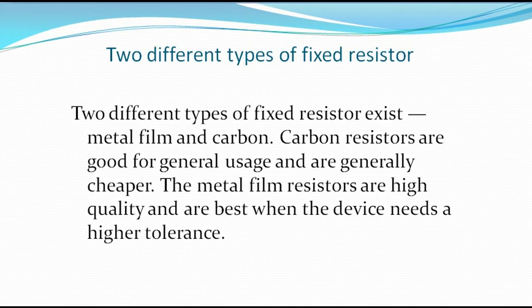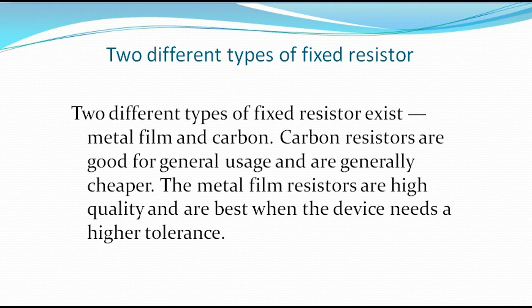Two different types of fixed resistor exist: metal film and carbon. Try to understand what I'm explaining here.